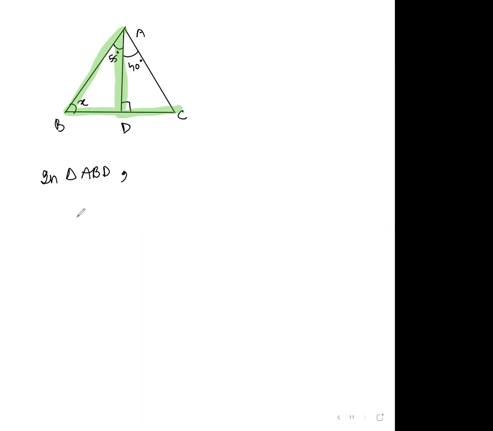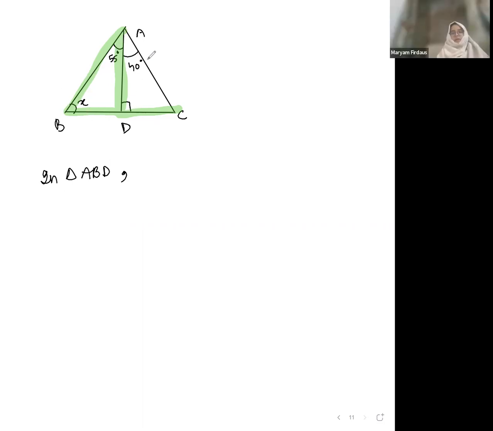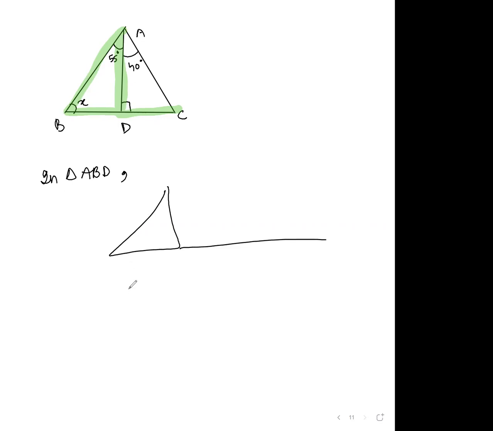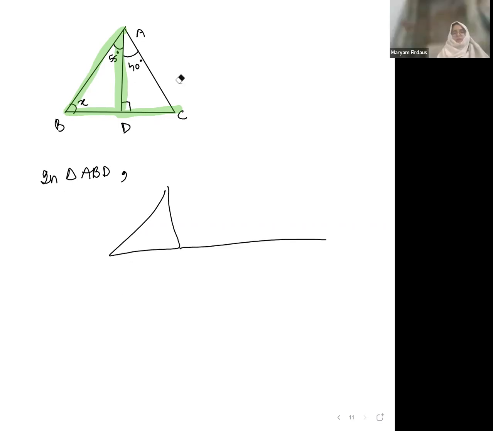We are talking about this one, the green triangle. We're not talking about the entire big triangle. We're talking about triangle ABD. Just imagine that AC is not there. It won't change your answer. Now tell.